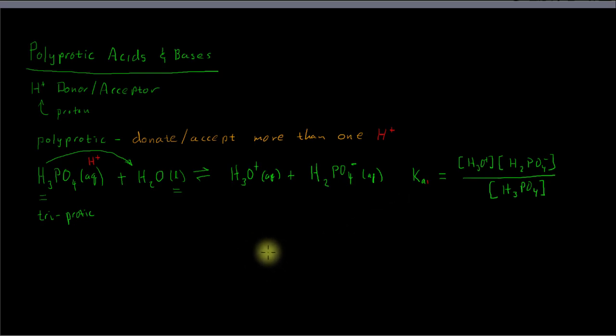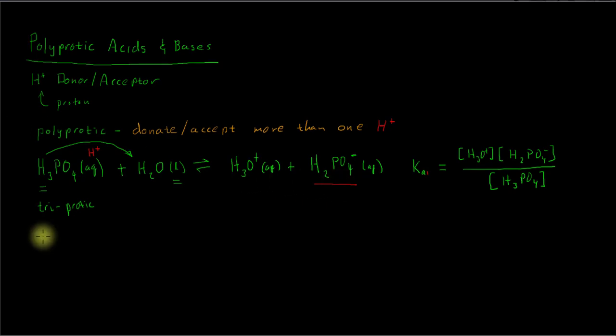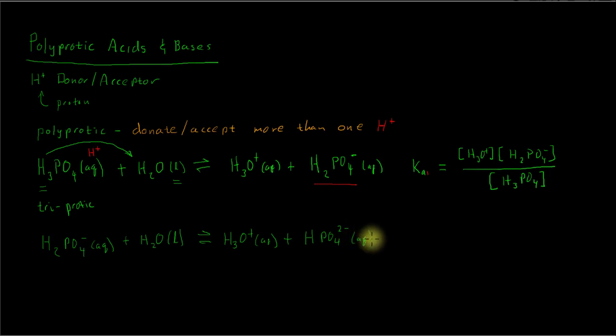But we can imagine that a second proton is donated by starting with this species. So now we're going to start with our dihydrogen phosphate anion, H2PO4-. And we're going to imagine that it donates a second proton to another water molecule. So a proton will come off. We'll end up with yet another hydronium ion being produced in the solution, H3O+. And then what do we get when we remove one proton? We'll just have HPO4, and now there's a -2 charge on that anion.